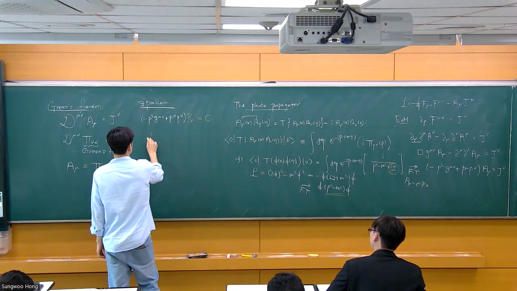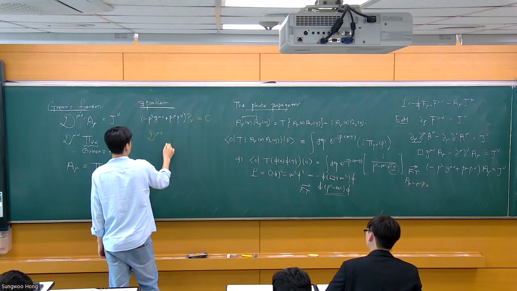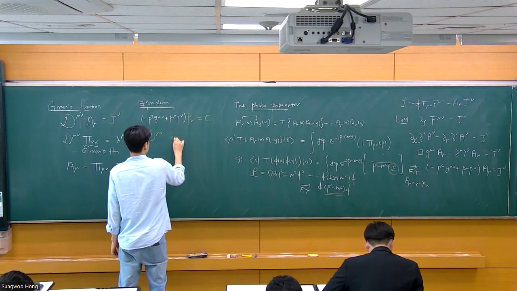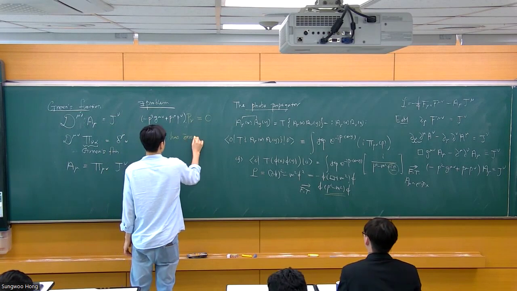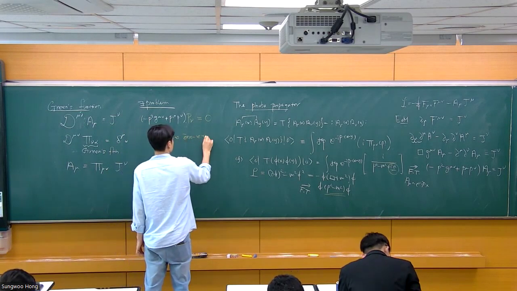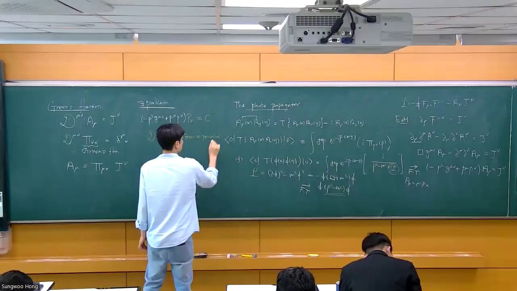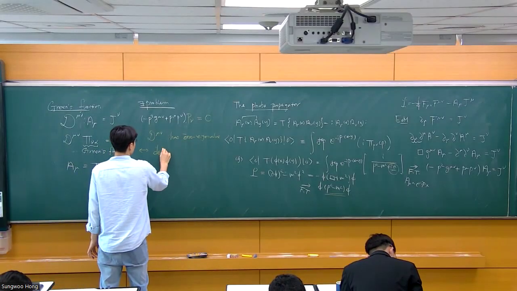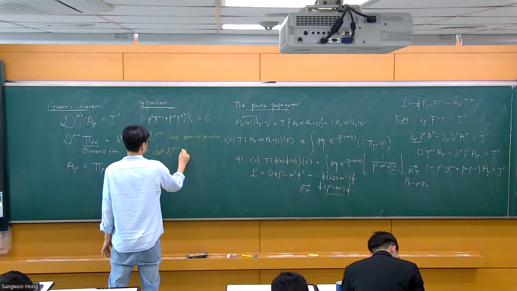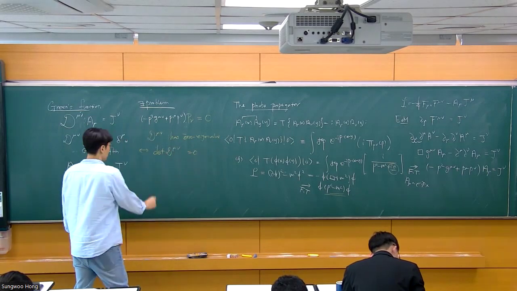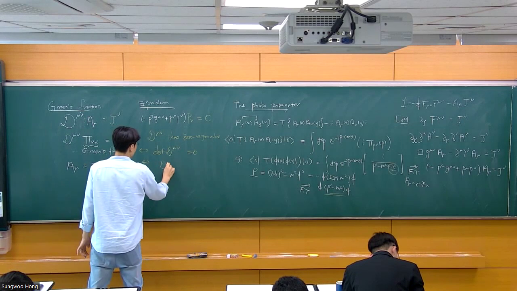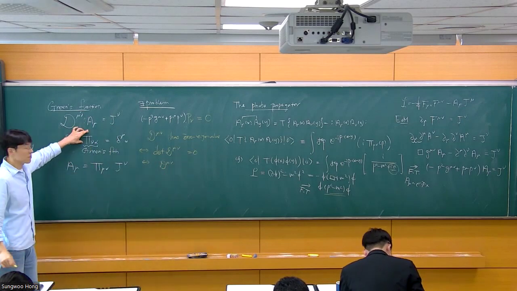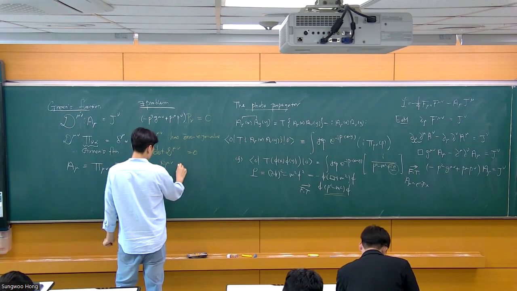So what it means is that this differential operator that we want to have has a 0 eigenvalue. What it means is that the determinant of this thing is 0. What that means is that as we wanted to have the inverse of the differential operator, this is non-invertible.